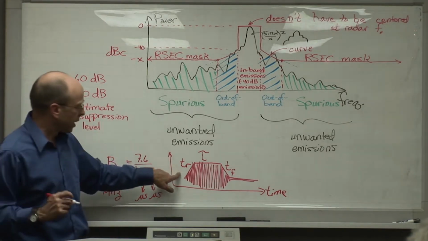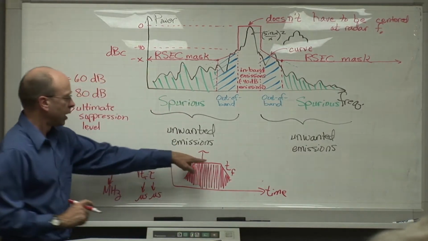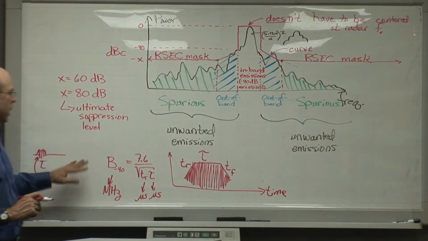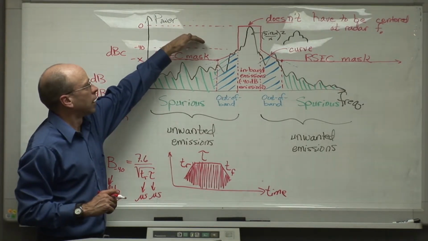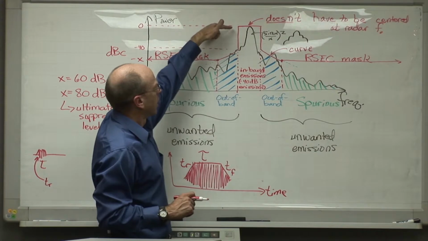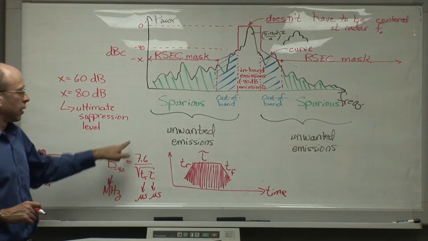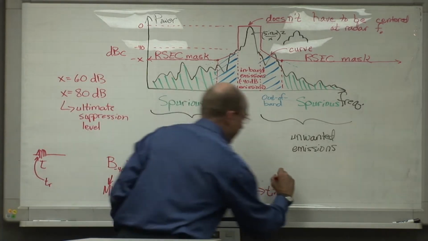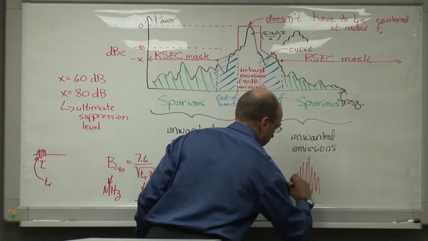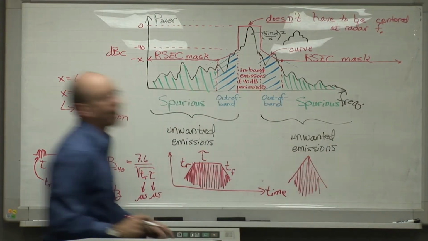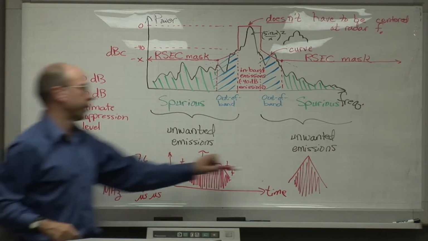But assuming that the radar pulses have a trapezoidal envelope, such as I've drawn here, then the RSEC mask provides a reasonably good tool for the envelope within which the radar emissions ought to fit. Your bets are off if the radar pulses look like this, where the pulse envelope looks like that. And I have seen that happen. But the RSEC does not account for that.